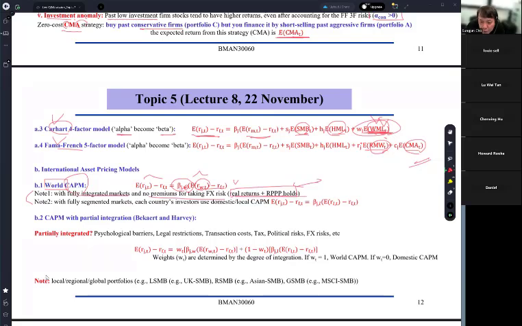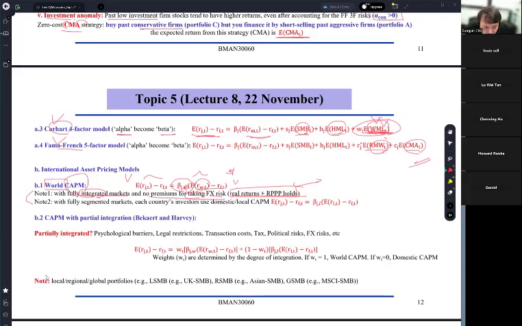When this is true, every investor in the world could use this US portfolio diversification example. With a fully integrated market, and if we assume no premium for taking currency risk, then every investor in the world can use the world CAPM in dollar terms. They don't have to worry about any currency here.